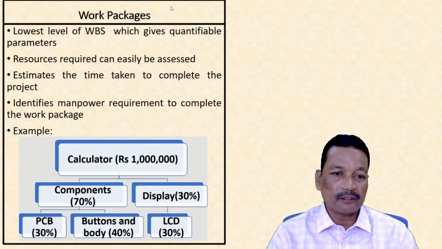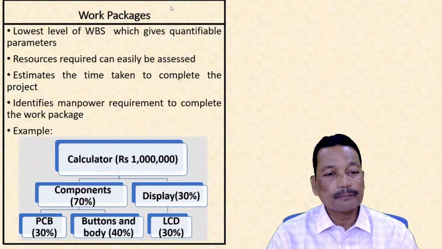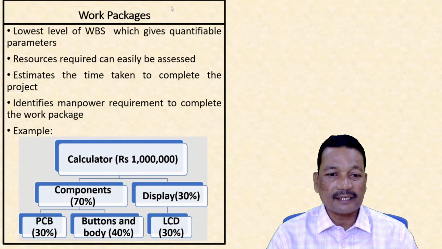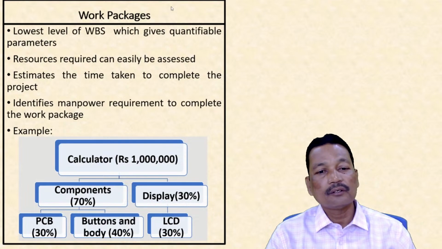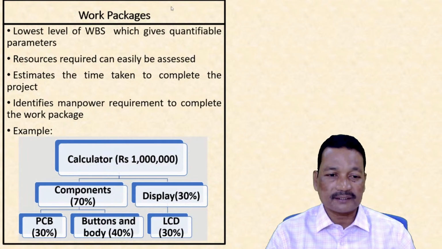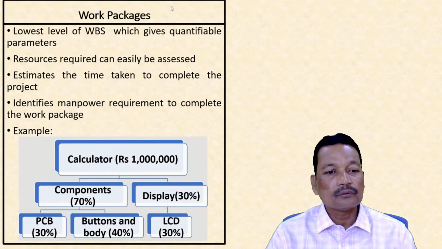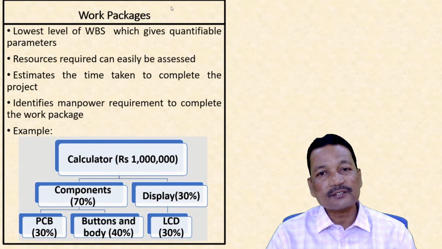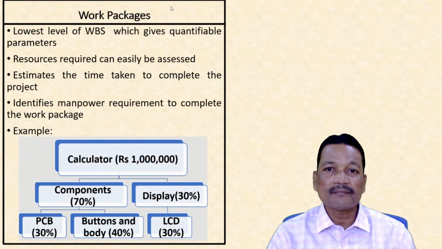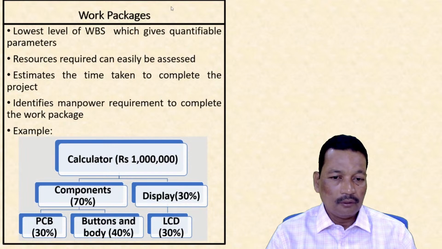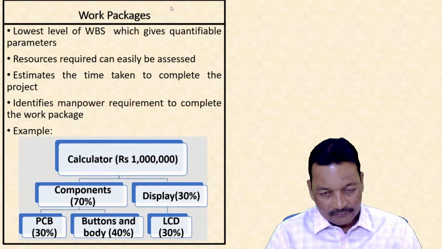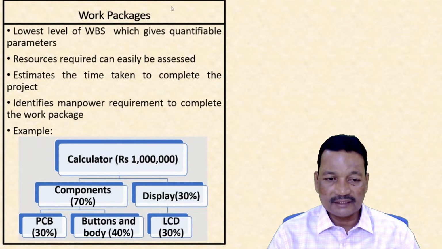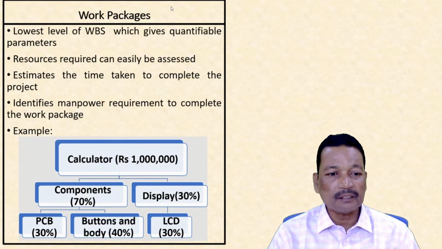Let us look at the example. Suppose the project, developing a calculator, has a cost of 10 lakh rupees or 1 million rupees. We have estimated components should be 70% and display should be 30% of the estimated cost. Now when we look at components at level 3, PCB is 30%, buttons and body you see 40%.